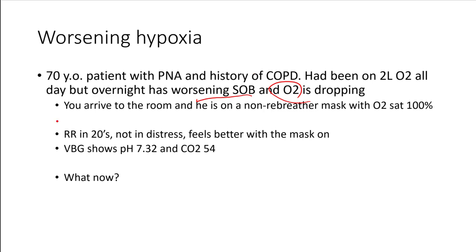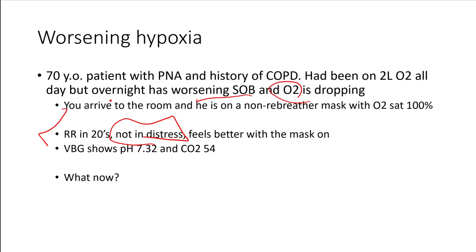And you look at the patient, he's breathing in the 20s for the respiratory rate, not demonstrating any signs of distress. And you're talking to him, and he says, I was feeling short of breath, but when they put this mask on, I felt better. So his symptoms resolved when his O2 saturations were normalized.